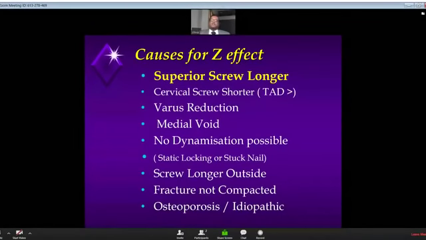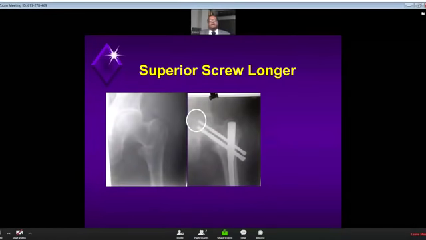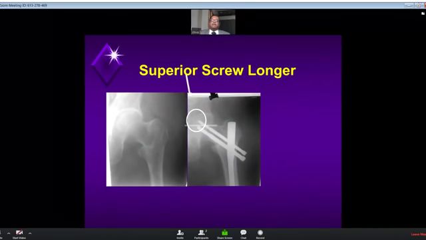The first one, superior screw longer. Here you can see the superior screw has been longer in this case. When the hip is loaded, it is loaded eccentrically from the top. Normally we advocate that both screws should be at the same horizontal level so that both of them can take the load simultaneously and slide simultaneously.